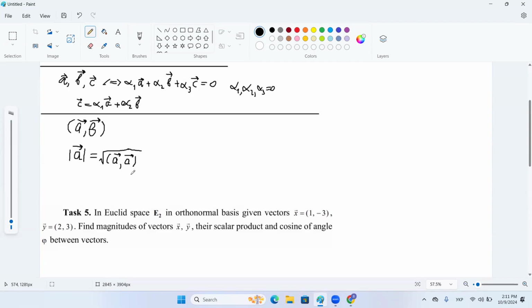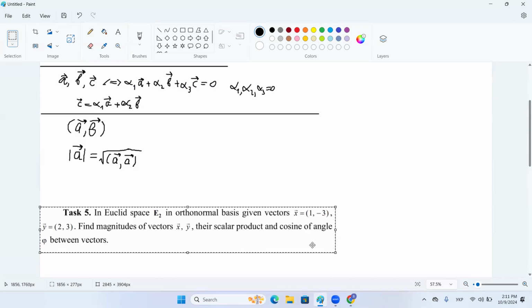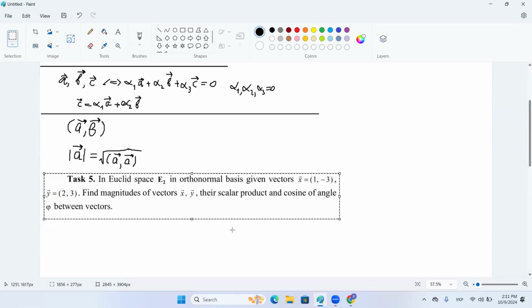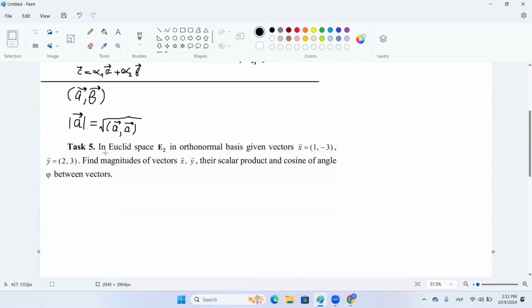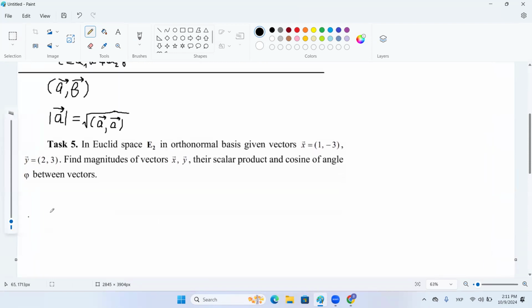So, what we were doing yesterday, if I'm not mistaken. It's like a general definition of the length or magnitude of an element. So nothing specific in this task. But just not to get lost.